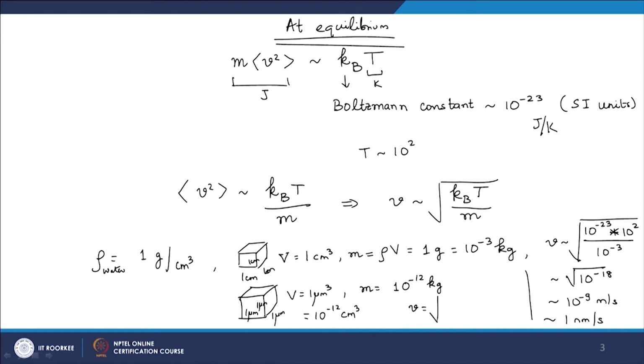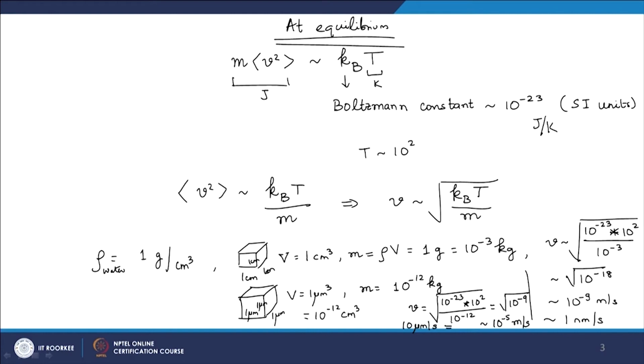and if I now look at the velocity, it is going to be 10 to the power minus 23 into 100 divided by 10 to the power minus 12, and this would be something like 10 to the power minus 9, which is of the order of 10 to the power minus 5 meter per second, which would roughly be like 10 micron per second.